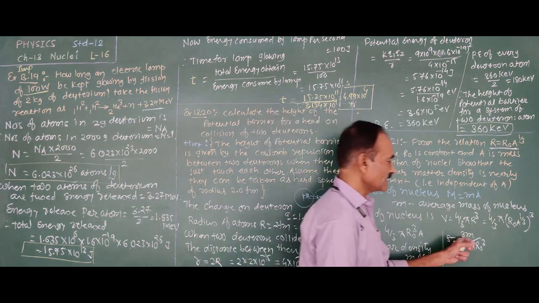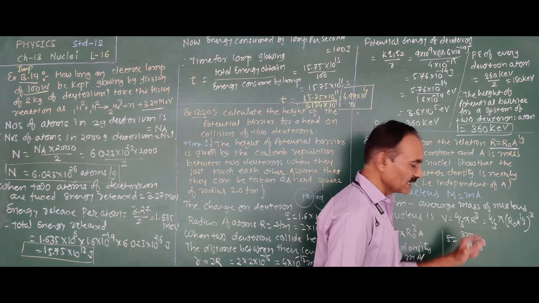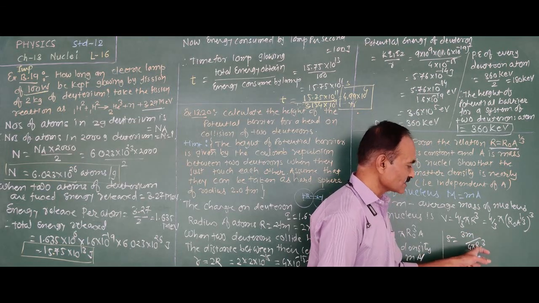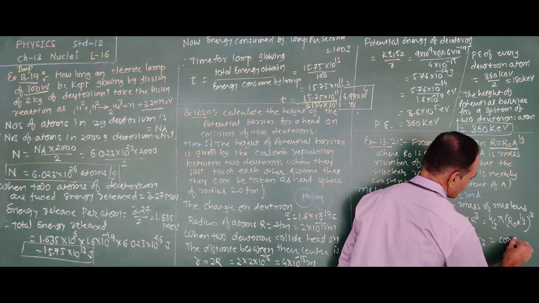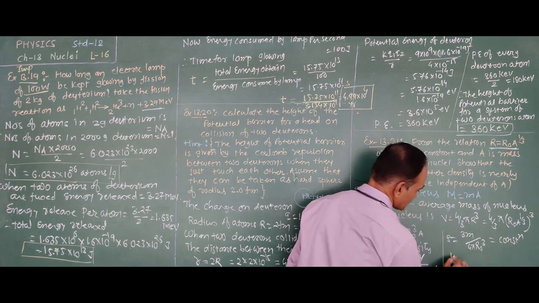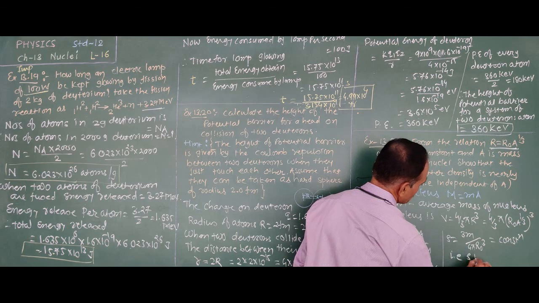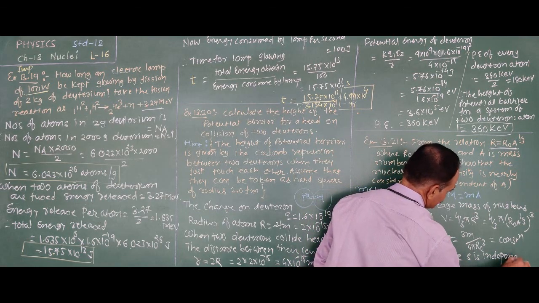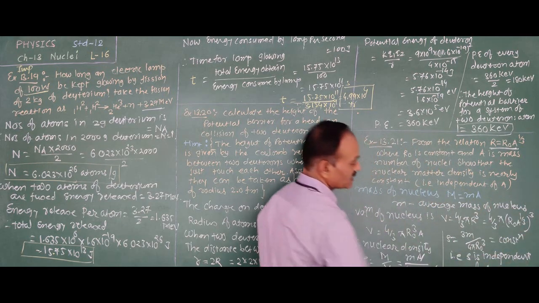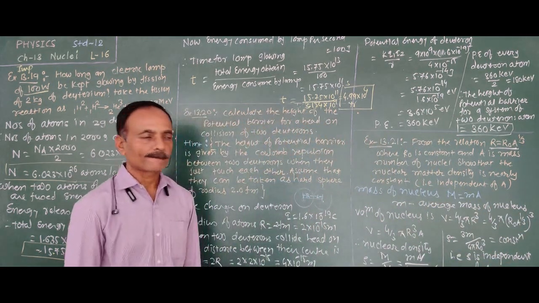Here 3 is constant, m, the average mass of the nucleus, is also constant, 4 is constant, pi is constant, R0 is also constant, therefore that is constant. That means rho is independent of A.